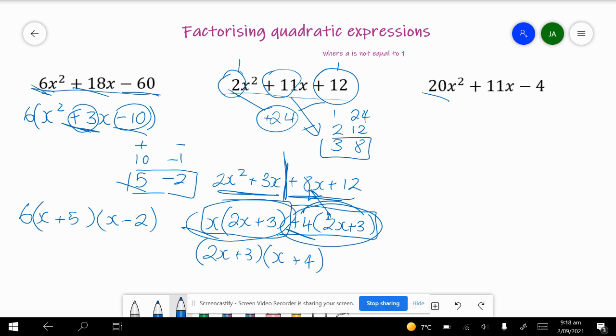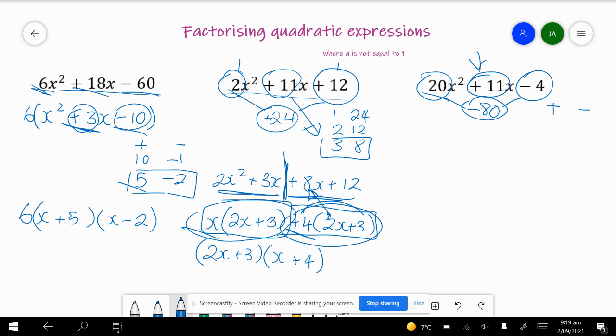We'll have a look at this one here. So we've got 20 and negative 4, which makes negative 80. So we need two numbers that multiply together to get negative 80 and add together to get plus 11. To multiply to get negative 80, one has to be positive, one has to be negative. And the positive number has to be bigger than the negative number to get plus 11.